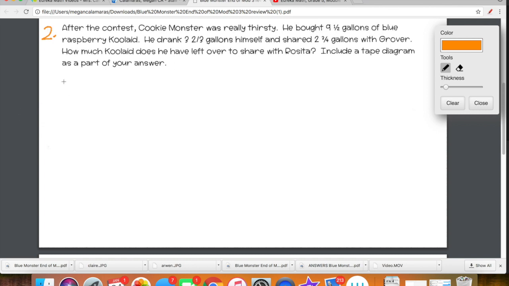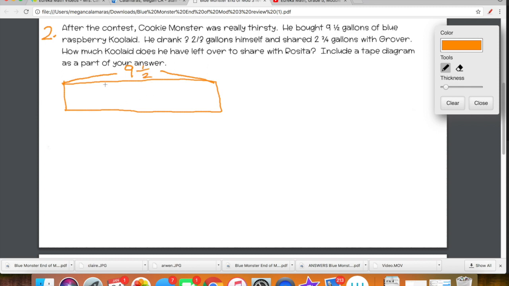Okay, so tape diagrams are a super handy way to organize information visually. So we're going to draw a rectangle. Our rectangle, the full rectangle, represents the whole. So this whole rectangle represents the full amount that Cookie Monster bought. So Cookie Monster bought 9 1/2 gallons of blue raspberry Kool-Aid.